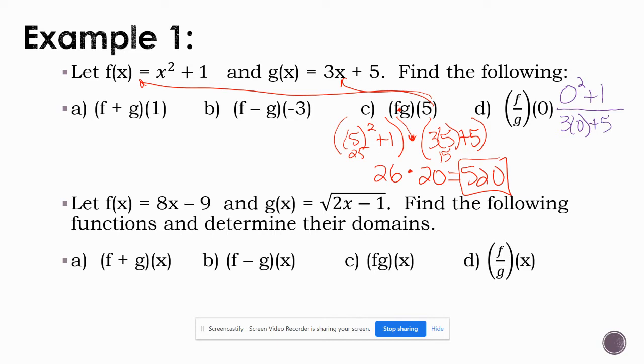On the top, 0 squared plus 1 is 1. 3 times 0 is 0. 0 plus 5 is 5. And so this answer is 1/5. I don't have to worry about any restrictions because in my answer, I don't have any x values there. So there's no worry about the denominator being 0.